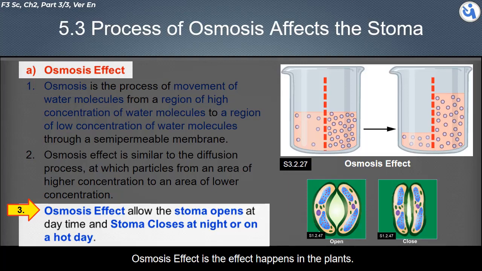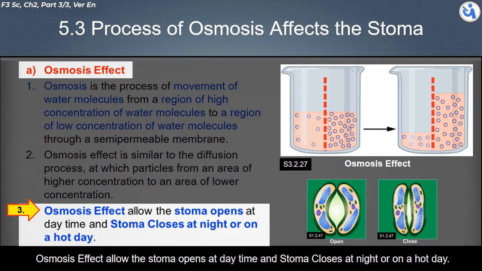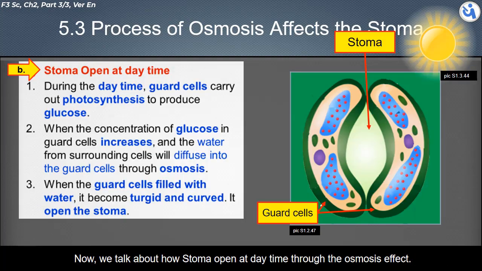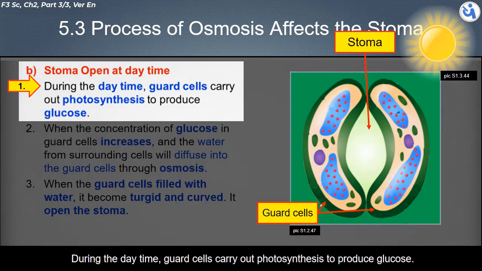The osmosis effect is the effect that happens in plants. It allows the stoma to open at daytime, and close at night or on a hot day. Now, we talk about how stoma opens at daytime through the osmosis effect. During the daytime, guard cells carry out photosynthesis to produce glucose.